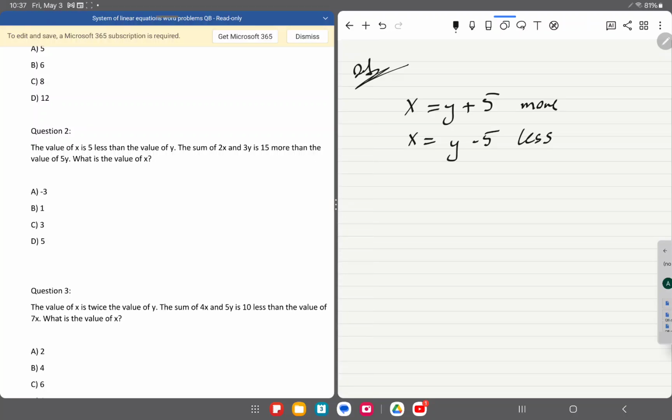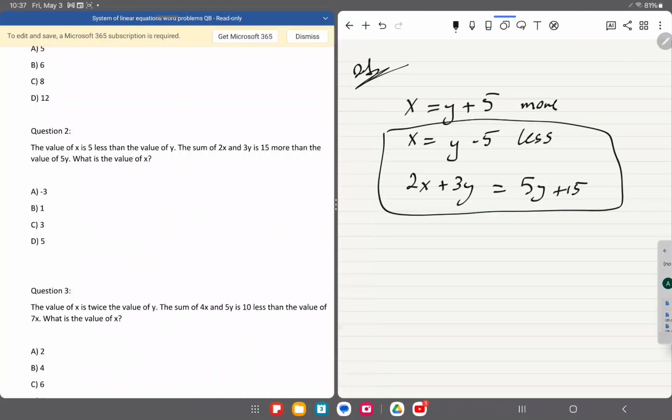Now, the sum of 2x and 3y is 15 more than the value of 5y, so 5y plus 15. So these are my 2 equations.